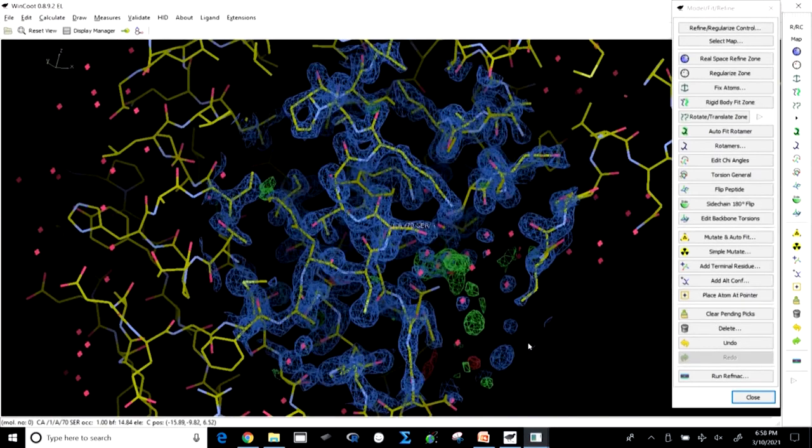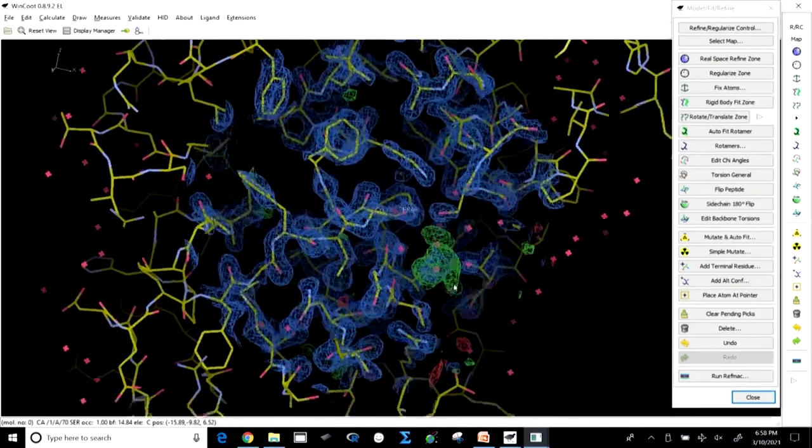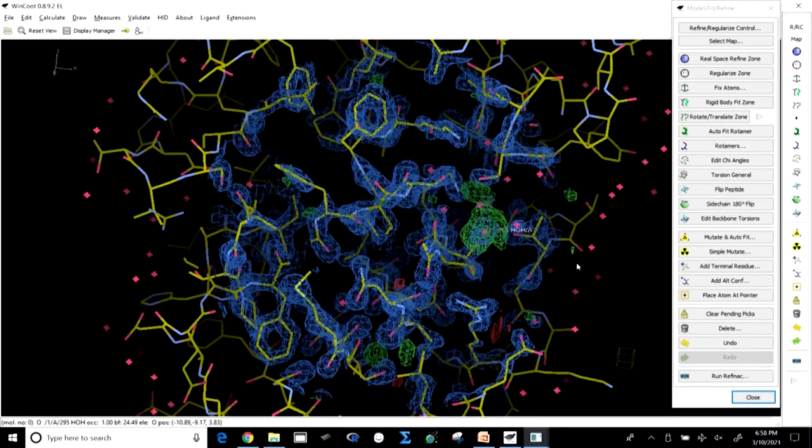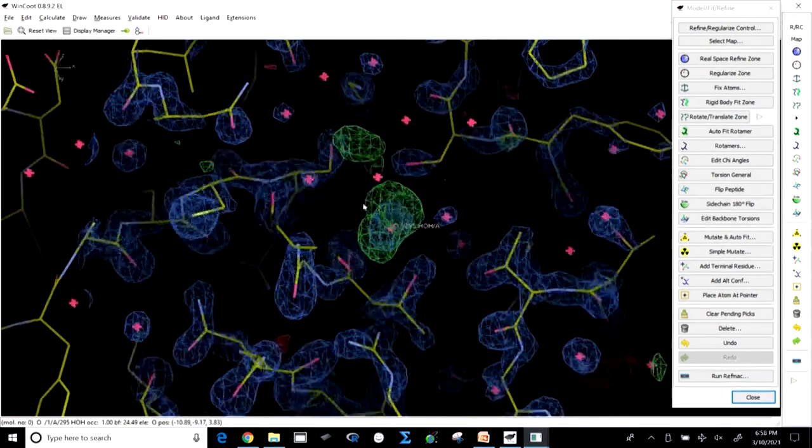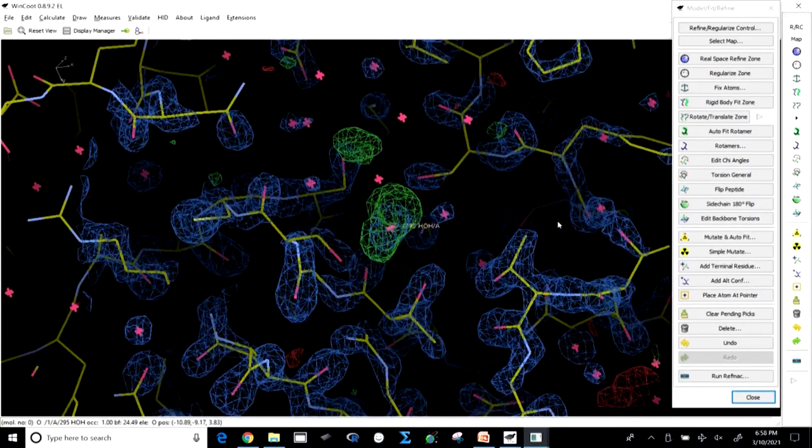Also, you could find mistakes made by a crystallographer by looking at the map. Before that, you have to know about the map. The map is colored in such a way that when this is normal, the electron density is there and the atomic model is correctly built up, they color it blue. When somewhere there is actually electron density, but you did not model it correctly, you will get green.